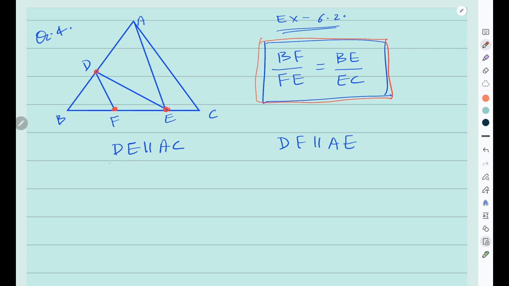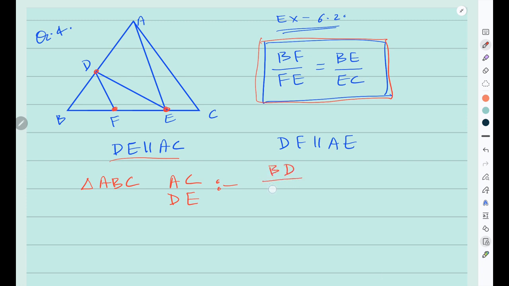So first of all, DE and AC. In triangle ABC, the base is AC and DE is parallel to that. What does it mean? What can we actually know?